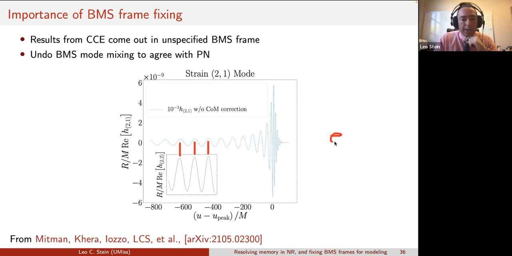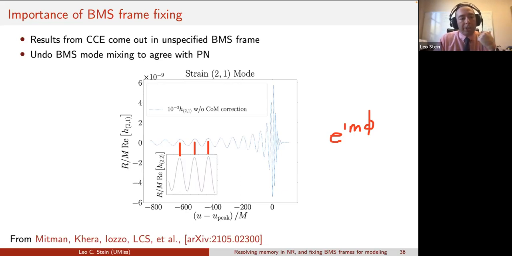Post-Newtonian theory predicts that this should go as e to the I m phi, where phi is the orbital phase. So m equals 1 and m equals 2 should have frequencies that differ by a factor of 2. The reason that these are at the same frequency is because the 2-2 mode is huge compared to the 2-1 mode.